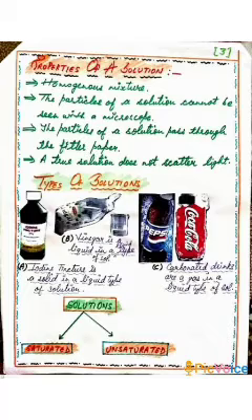Second, the particles of a solution cannot be seen even with a microscope because the solute disappears in water and we get a transparent solution. That's why a solution cannot be seen with a microscope.